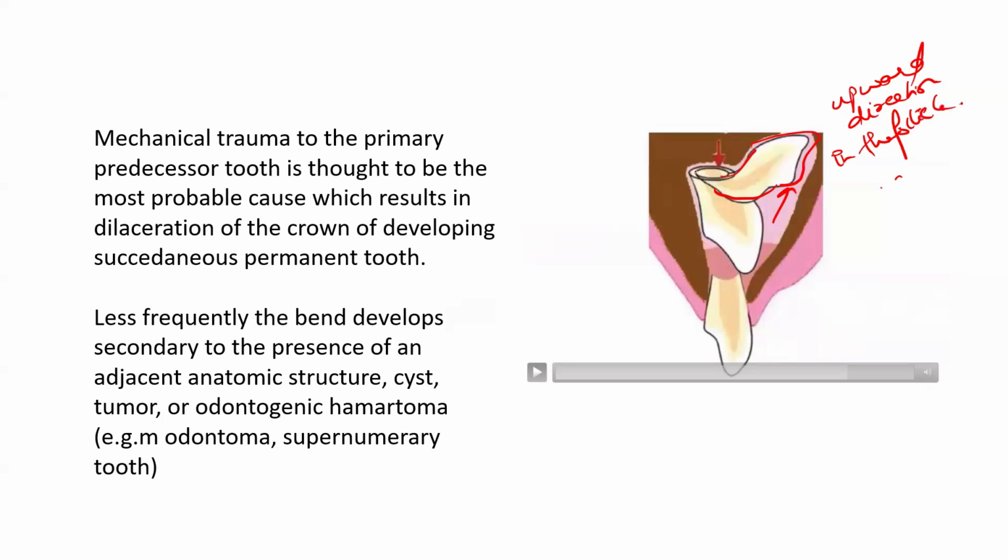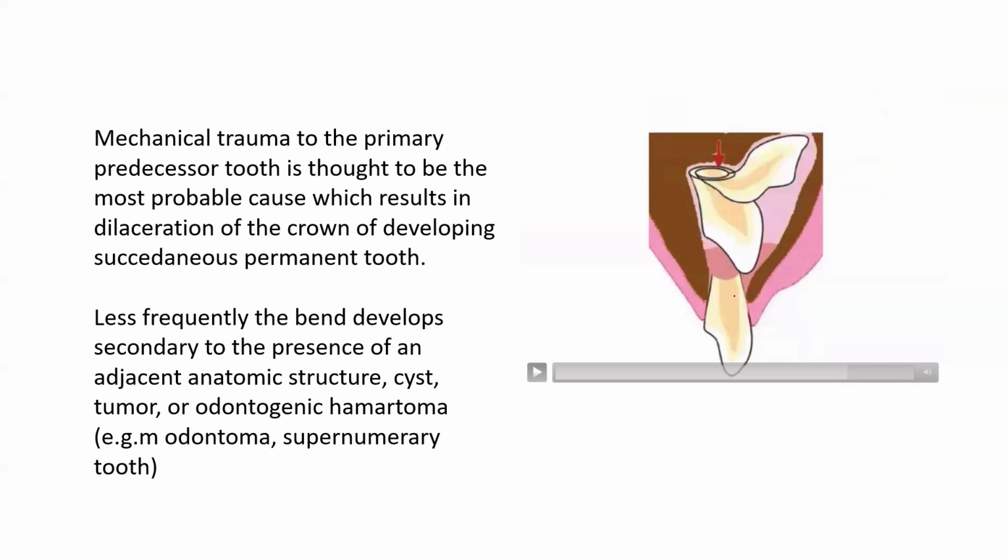But now the remainder of the root that is to be formed by the Hertwig's epithelial root sheath is programmed to come in its normal position. So the rest of the root will be developed in its normal position, and this leads to an abnormal angulation between the crown of the tooth and the remainder root of the tooth.